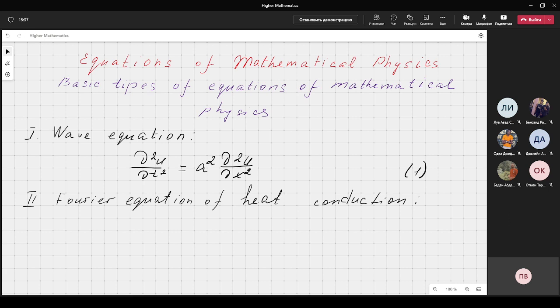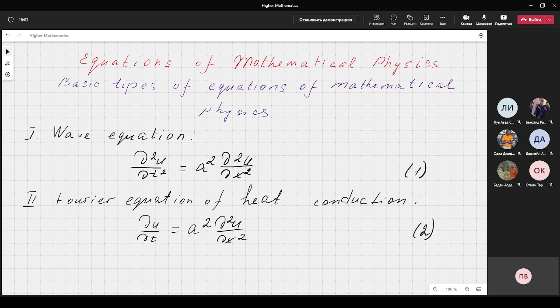The first derivative of u with respect to t equals a squared times the second derivative of u with respect to x. Equation 2.